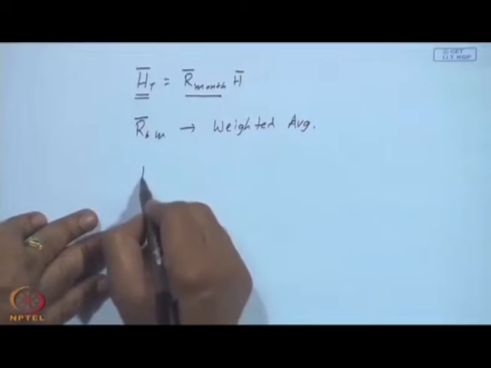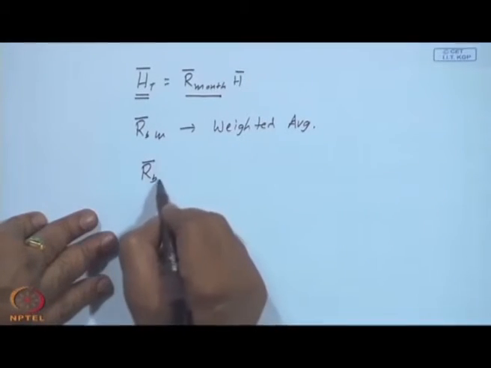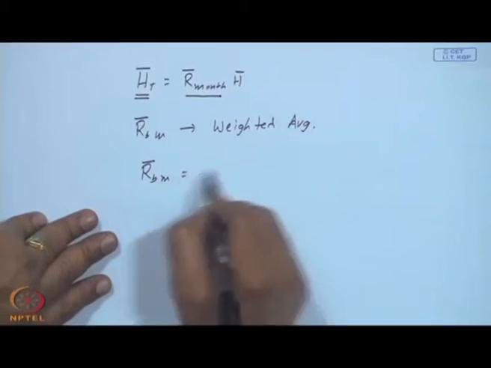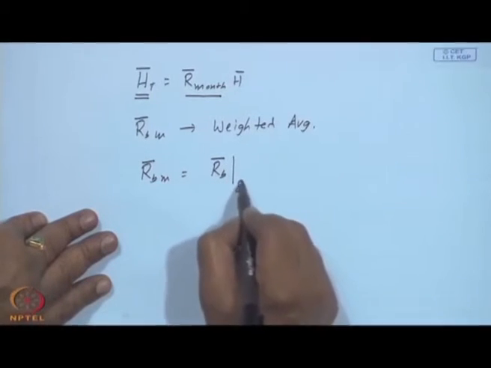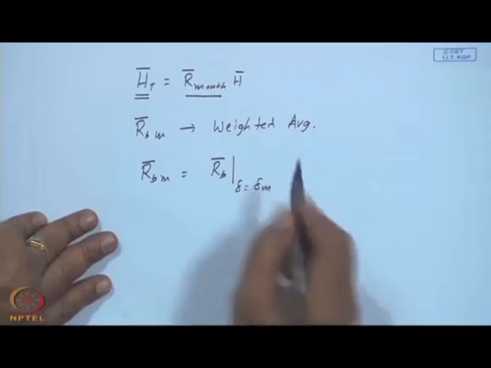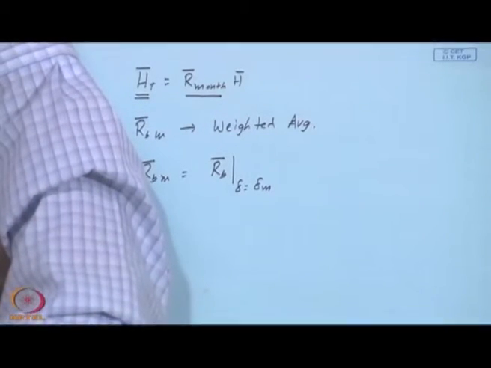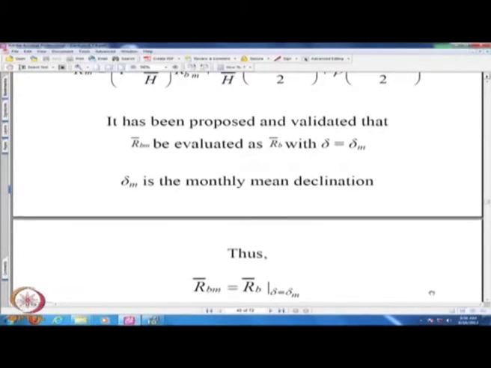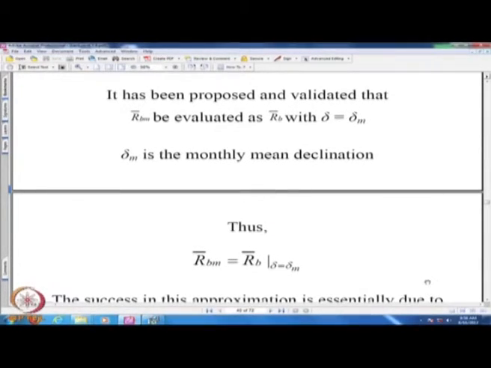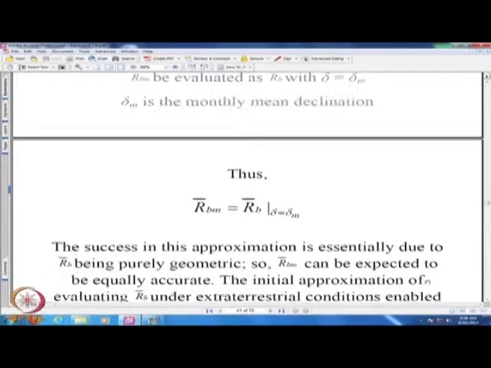Fortuitously, this R_B bar m can be calculated just like R_B bar with delta equal to delta m. That is, we have already earlier defined the mean declination for the month as the one with the closest extraterrestrial radiation equal to the average for the month.